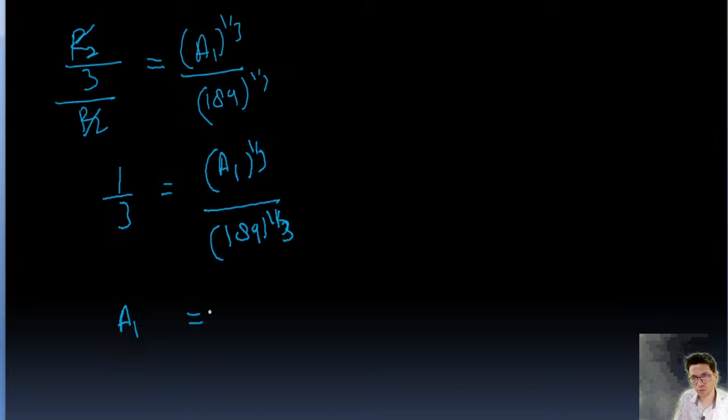A1 value is going to be 189 upon 3 to the power 3, because the power 1/3 will go to this side, and 1/3 into 3 will cancel. This will be 189 upon 3 cubed. 3 to the power 3 is 27, right? So this value is going to be equal to 7.